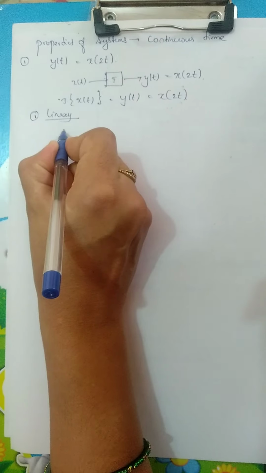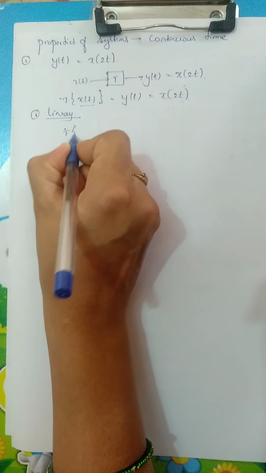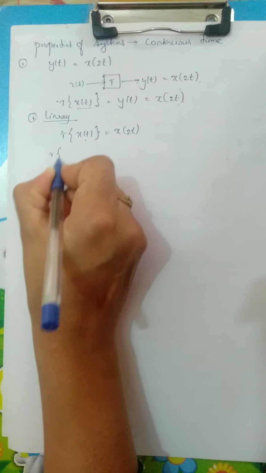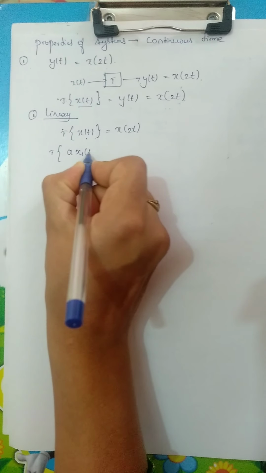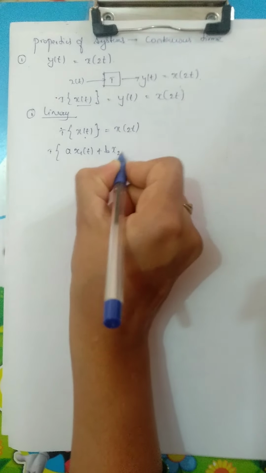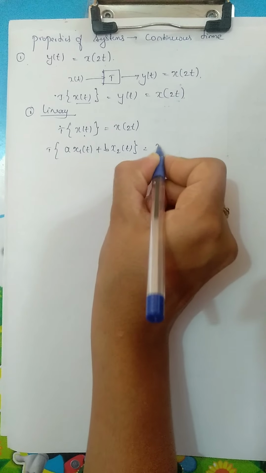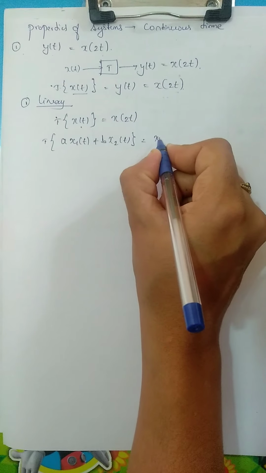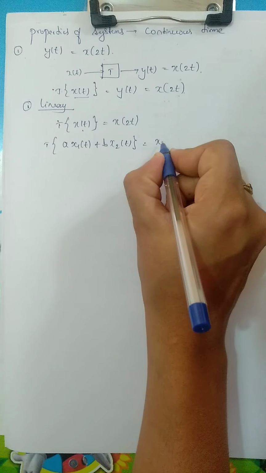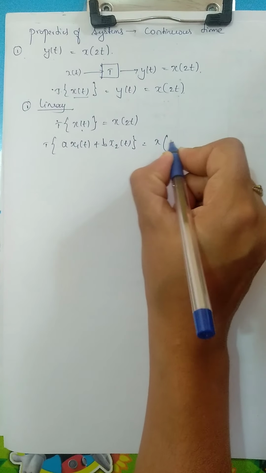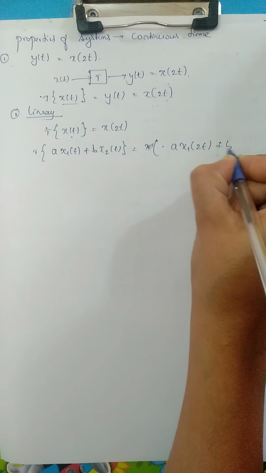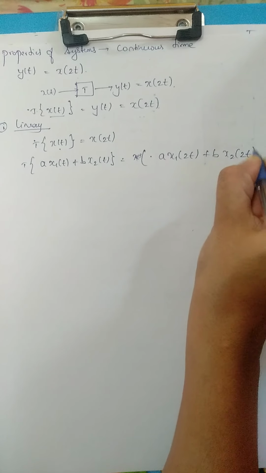Linearity means in the place of x of t, that is T of x of t, let's consider this x of 2t. In the place of x of t, we need to write a into x1 of t plus b into x2 of t. So in the place of x of 2t, it will be x of a into x1 of 2t plus b into x2 of 2t.